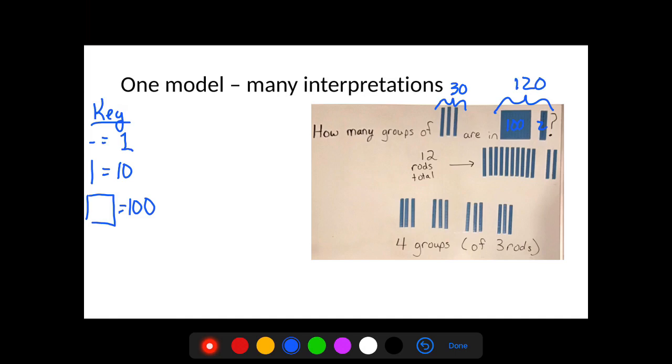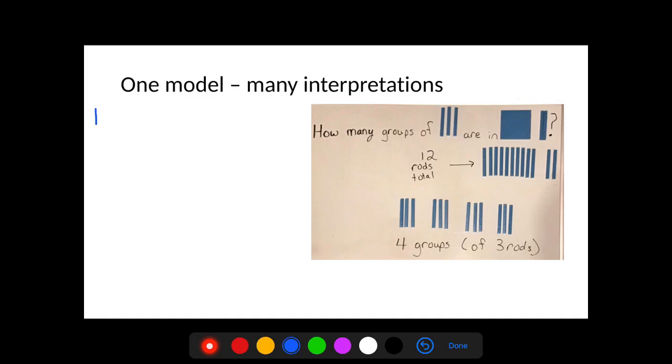It's still the same equivalent model. I've just labeled it differently. So here I have 120 divided by 30, and I have moved the decimal point 1 place to the left and made this 12 divided by 3 is 4. I have 4 groups of 30, or 4 groups of 3 rods.